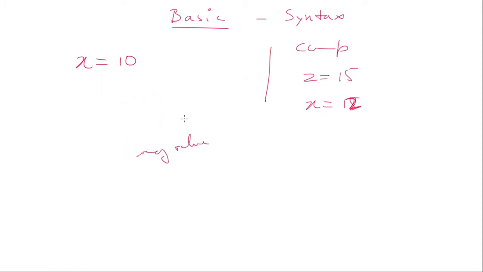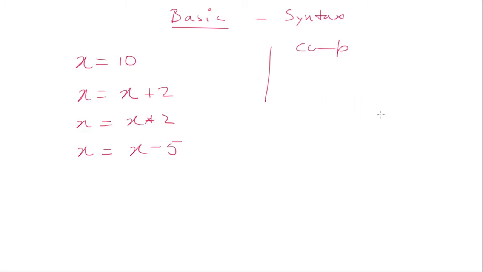So quickly tell me what is going to happen if I write this. After all these steps, what will be the final value of x? Put it in the chat.